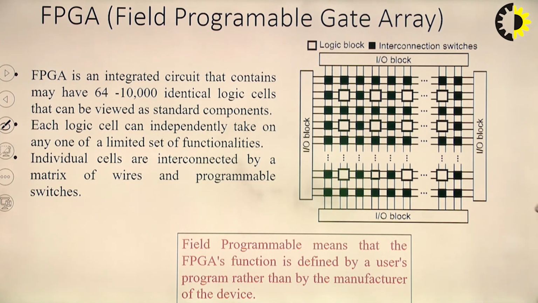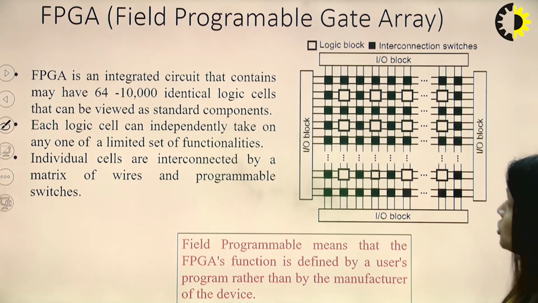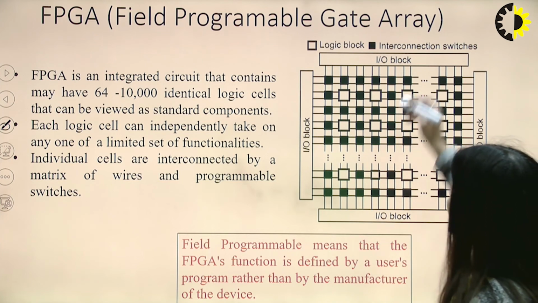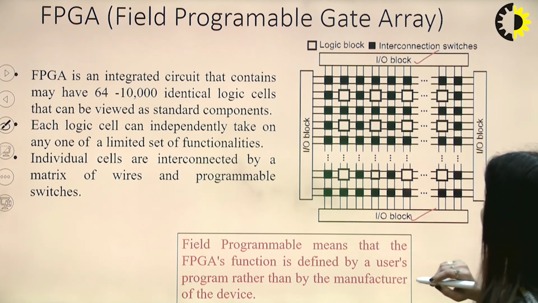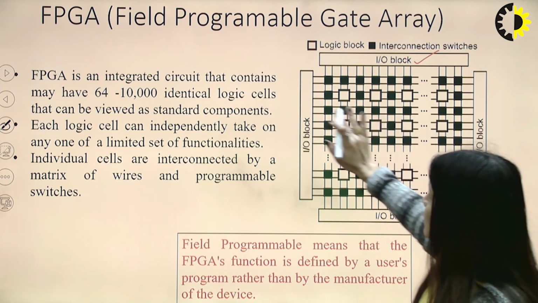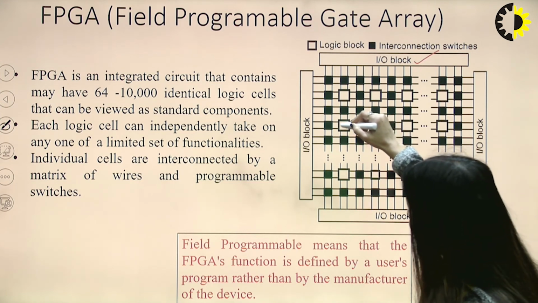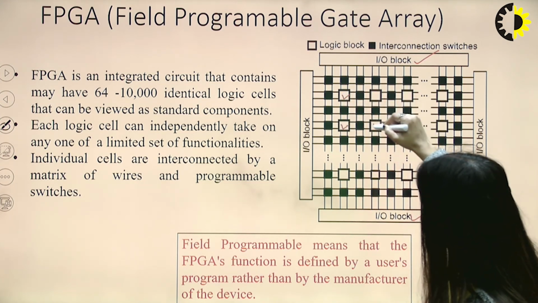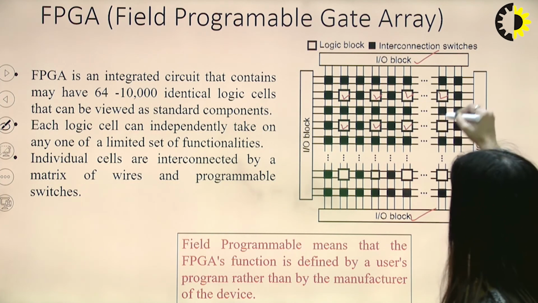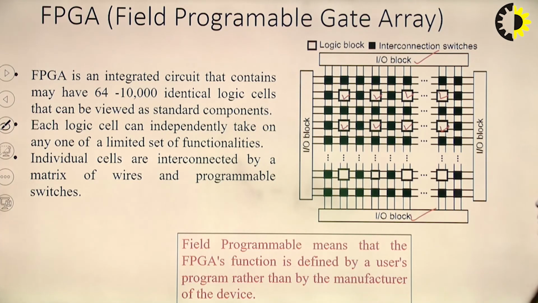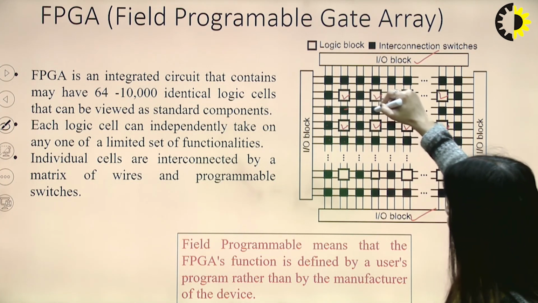In this diagram you can see the logic blocks, and this is an input output block, this is also an input output block, and you can see these blocks are repeating. So this is a logic block, this is a logic block, and all the logic blocks are the same.